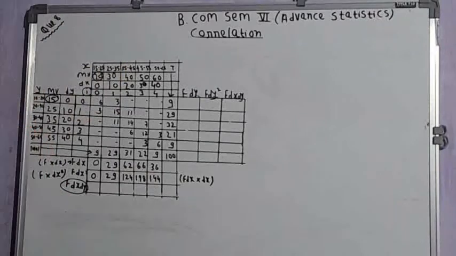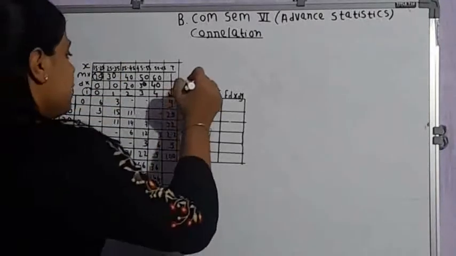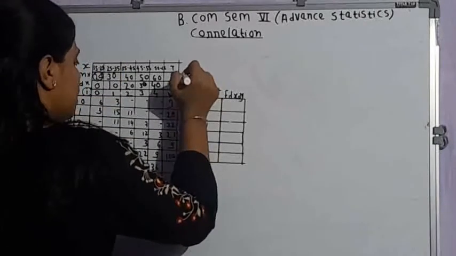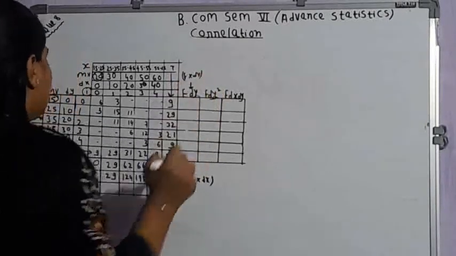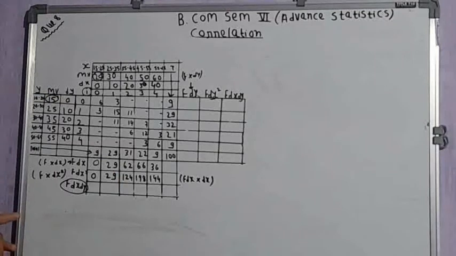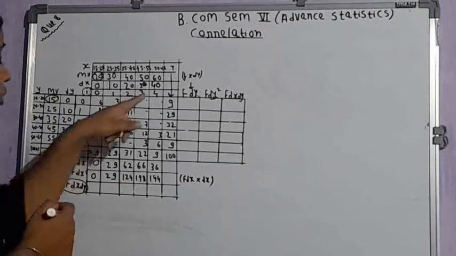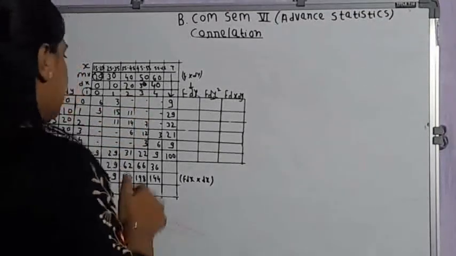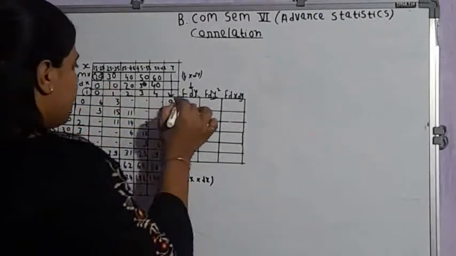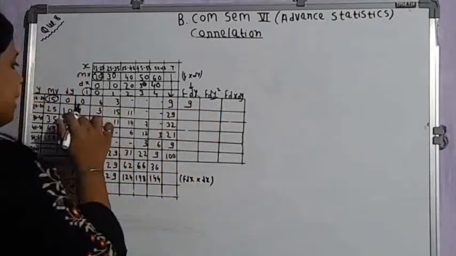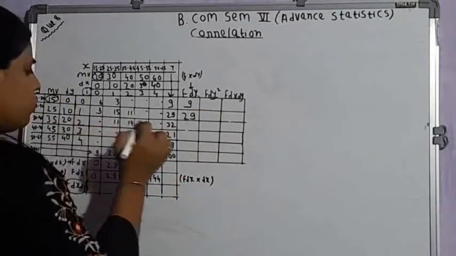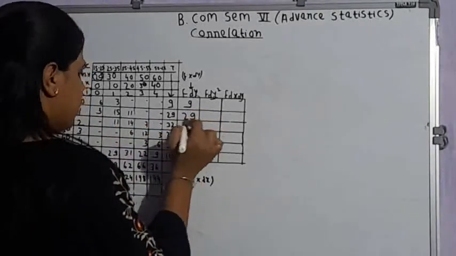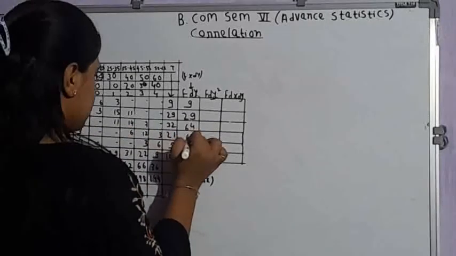How will we calculate it? F dy means frequency into dy. This I column would be considered as dy and the total of frequency would be considered. So 9 into 0, 9. 29 into 1, 29. 32 into 2, 64. 21 into 3, 63.